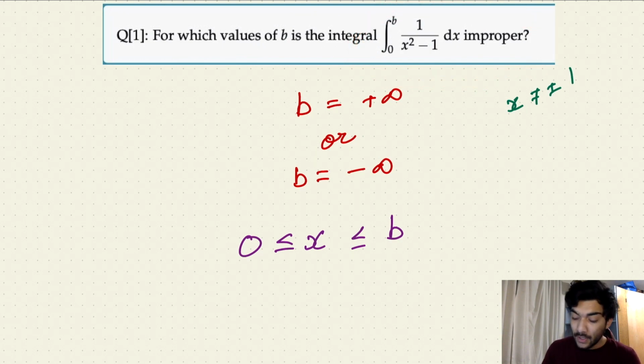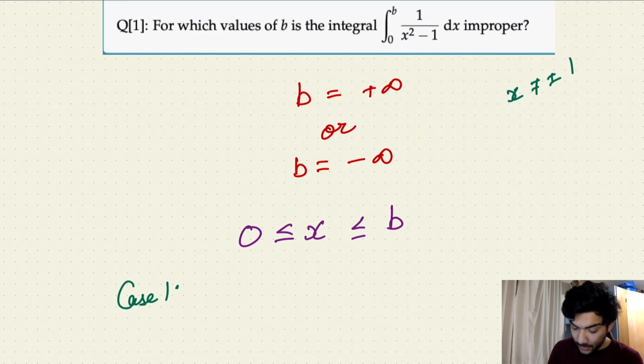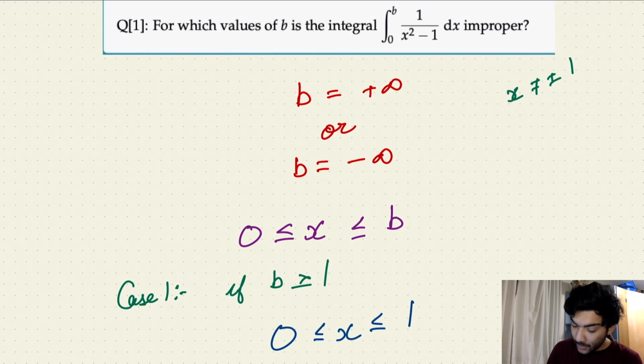So for example, you don't want the interval to contain x equals plus minus 1. The first case is if your b is greater than or equal to 1. Your definite integral would be calculating the area under the curve of this function from x equals 0 to x equals b, where b is greater than or equal to 1, and if the domain of your integration contains one point which has a discontinuity, your integral is an improper integral, right?